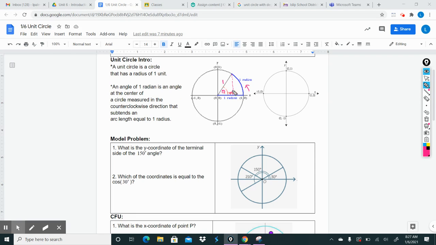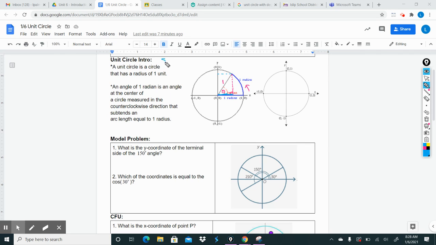So this is the y, because sine takes the distance along the y-axis, since it goes up and down. The distance going across the bottom would be the cosine of theta, because it is the adjacent over the hypotenuse.